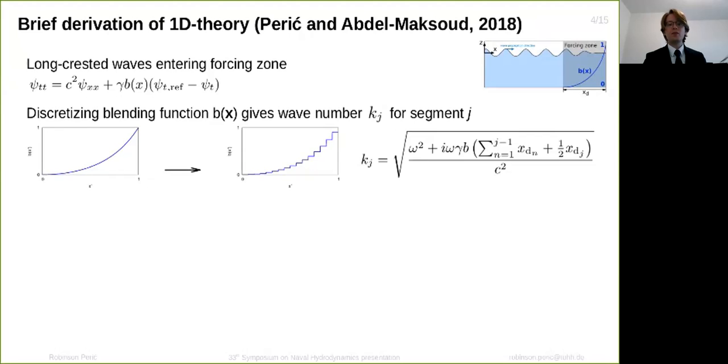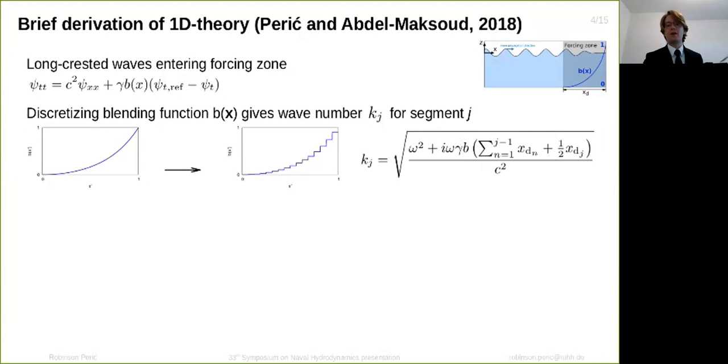Now, to have a solution that holds for all possible blending functions, I chose the approach to discretize the blending function from the continuous blending to a stepwise blending, so a piecewise linear blending. Then we have the following wave number for each segment, and wave reflection can occur throughout the forcing zone at each step.